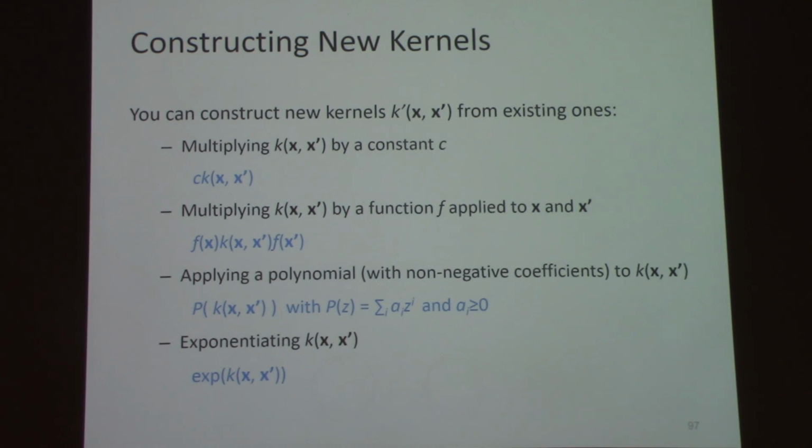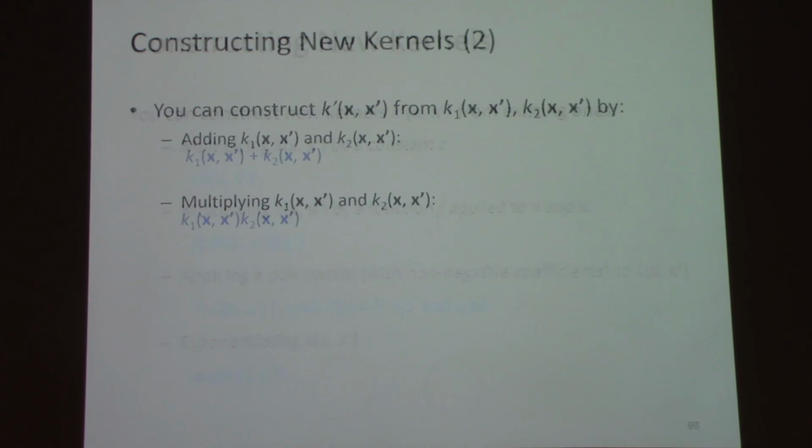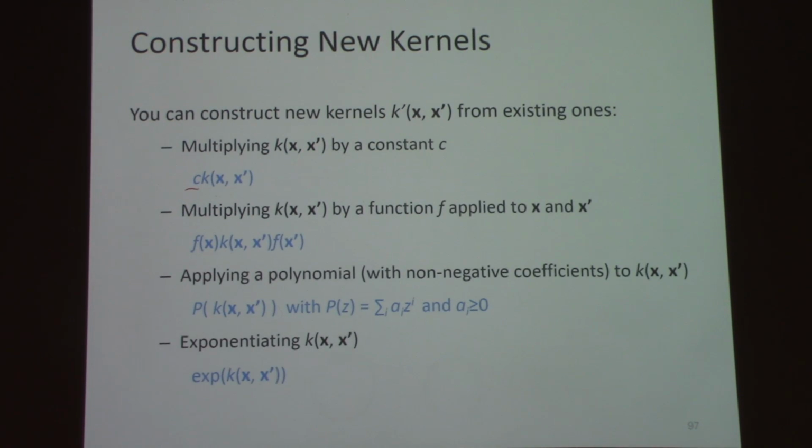How do you construct new kernels? If you tell me that k is a kernel that takes 2 points and produces a number, and it's a valid kernel, it satisfies Mercer's theorem, then if you multiply k by a constant, it's a valid kernel. If you multiply k by some function that is applied to both x and x prime, that is a kernel.